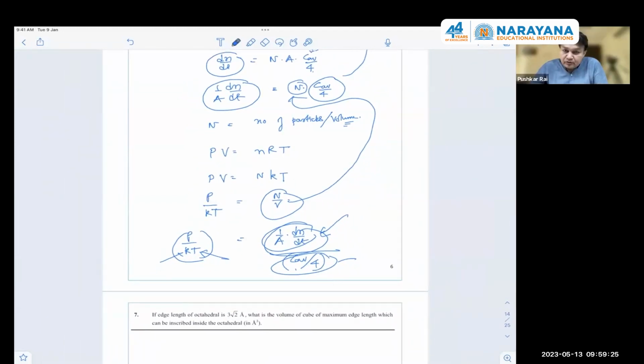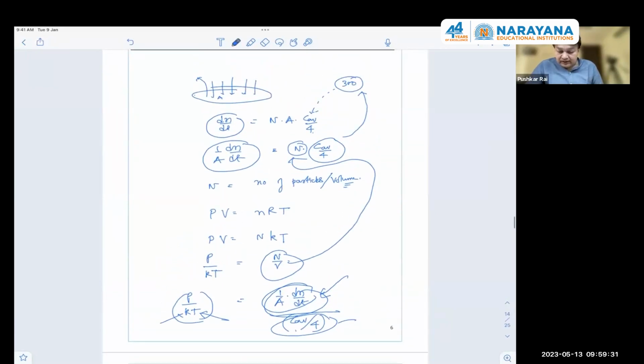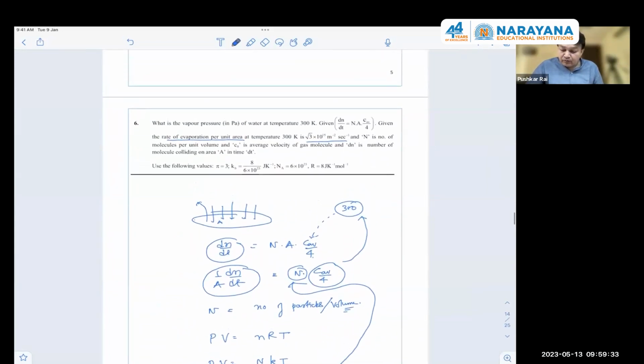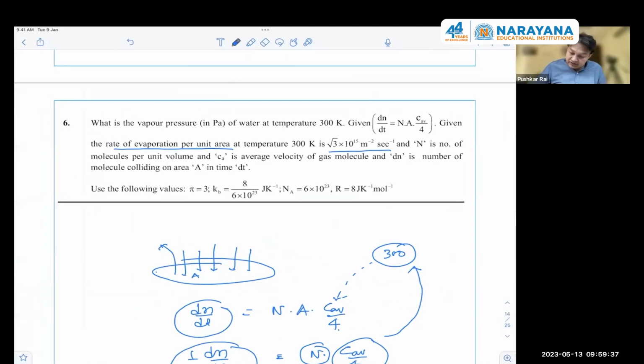This is a unique way of finding the vapor pressure of a liquid, and it is related to the effusion formula. That is why in the gaseous state we study this, and that is a very, very important expression from the gaseous state. I hope you know the importance of this formula, because otherwise you could not understand the rate of effusion.